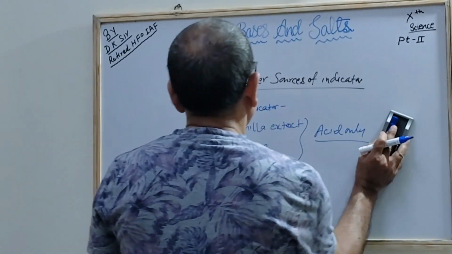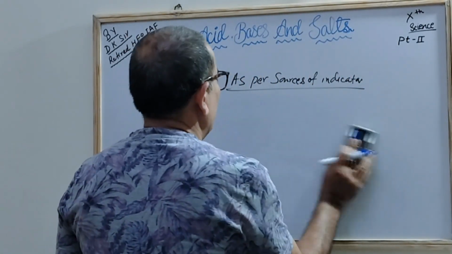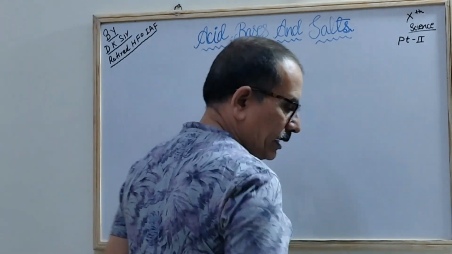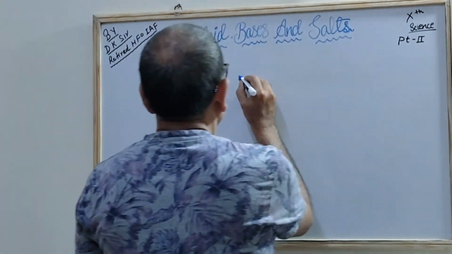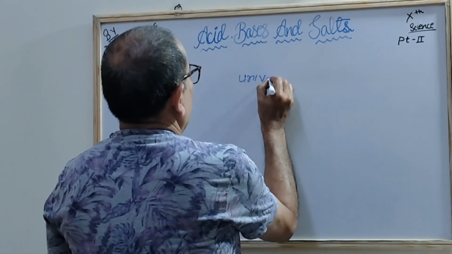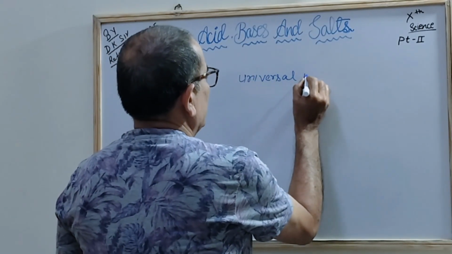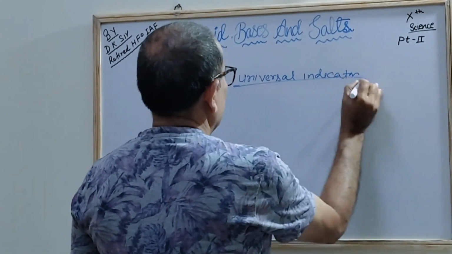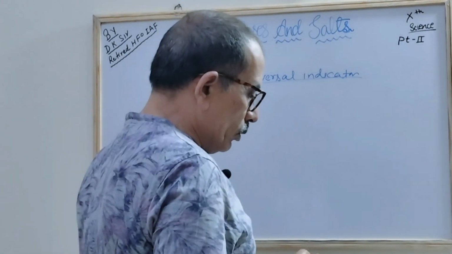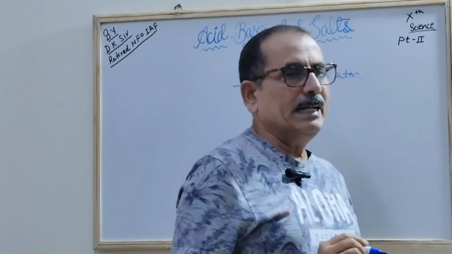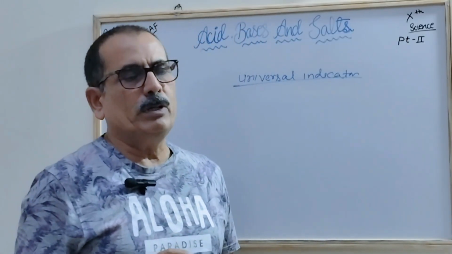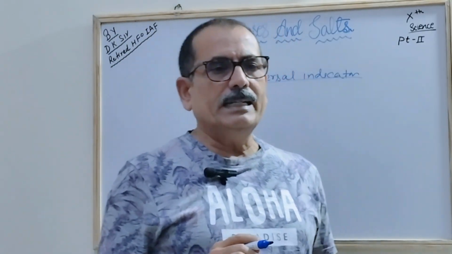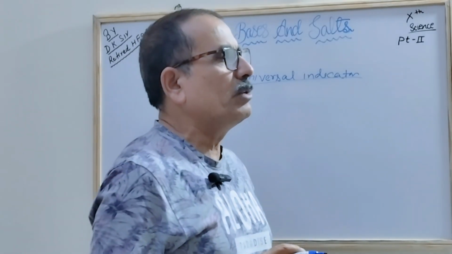The universal indicator is one by which we should be able to check, correct? So we'll see what the universal indicator is. The indicators we know only up to here, that we can check by the indicator whether it is acid, base or neutral, correct?